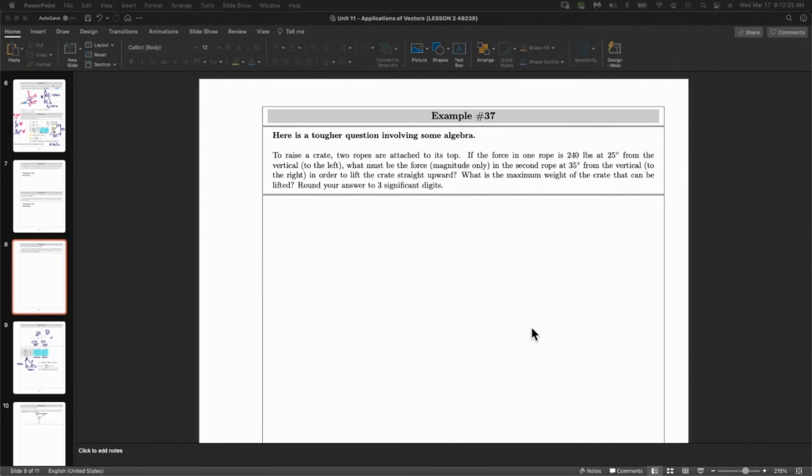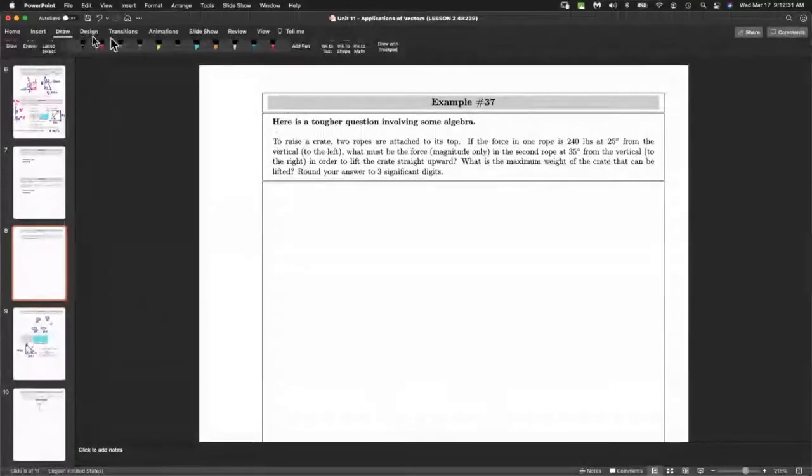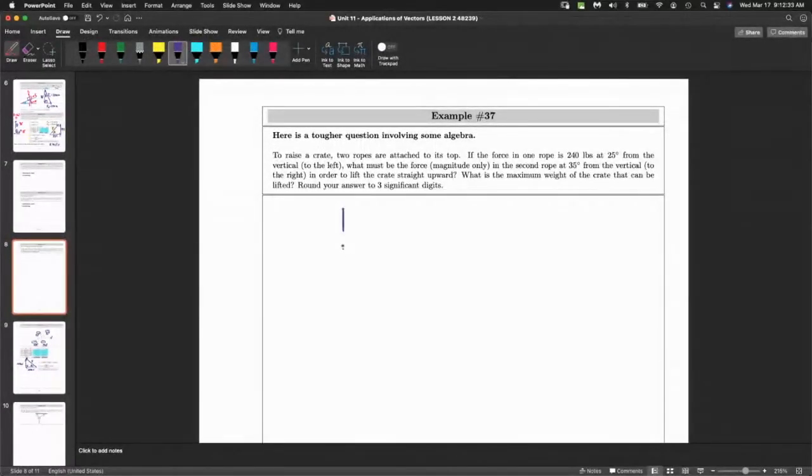So anyway, how do you approach this question? Well, maybe a diagram would be in order here. So we have the vertical direction here. Here's the crate. I'm just going to put a dot for the crate, a point mass. And then this is 240.